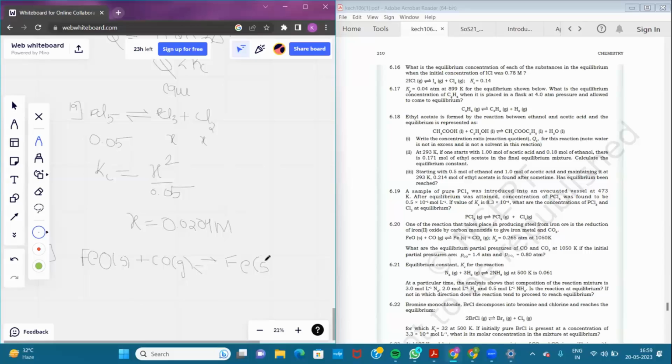Carefully observe that FeO and Fe are pure solids. These two terms were not included in the equilibrium constant expression. So no need to worry about those two concentrations.